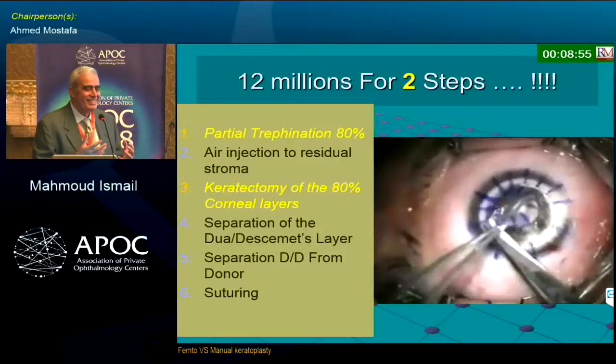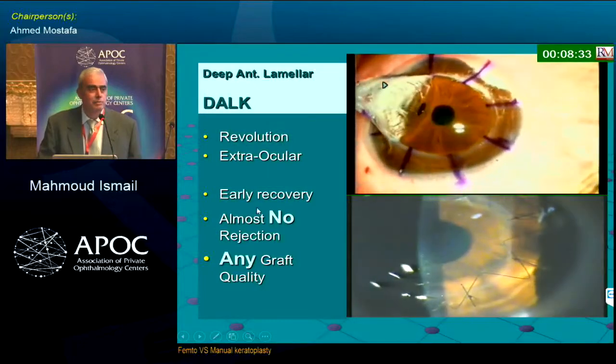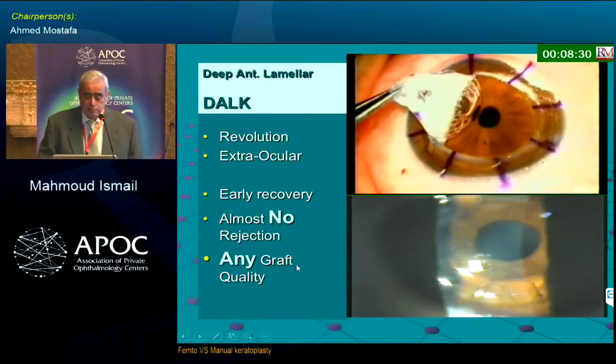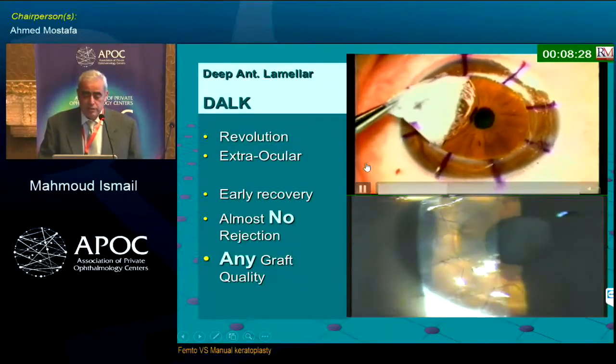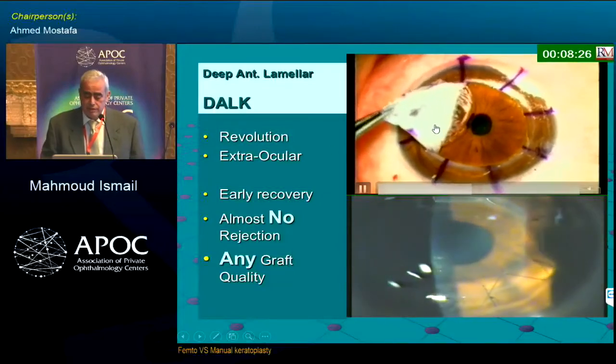The femto does not do the injection of air, which is the crucial step of DALK surgery. It doesn't do it for you. You have to do it yourself, even if you have the 12 million Egyptian pound machine. Instead, you have 3,500 Egyptian pounds, and you get this quality of patient, and this is the air bubble from inside.